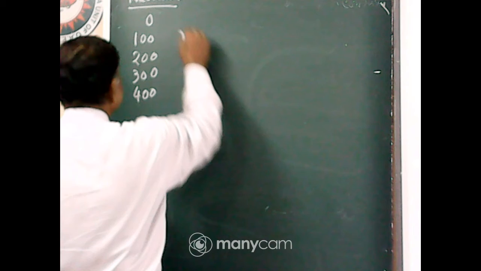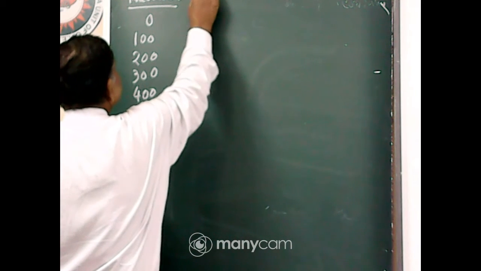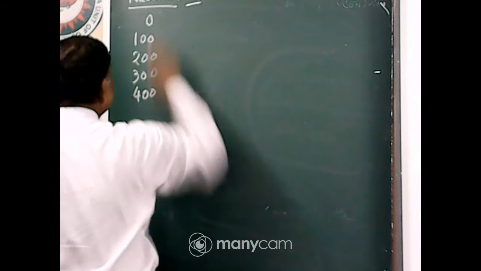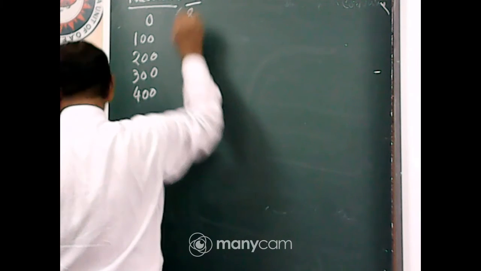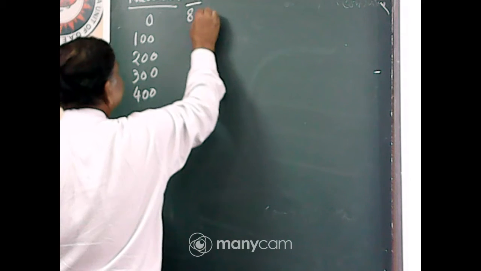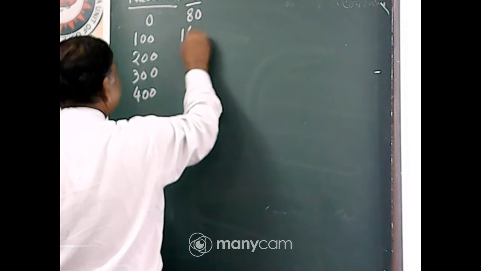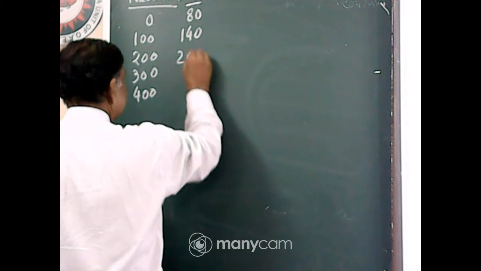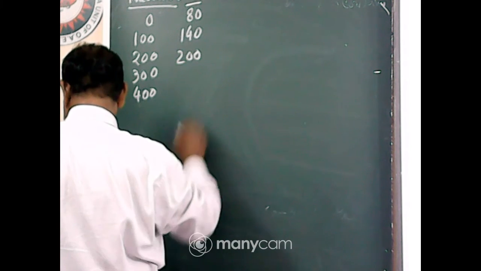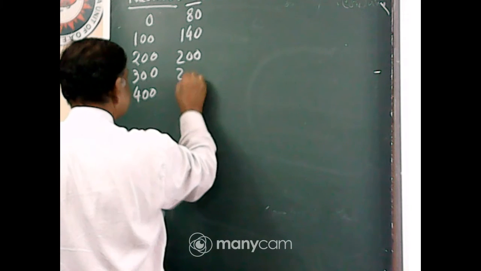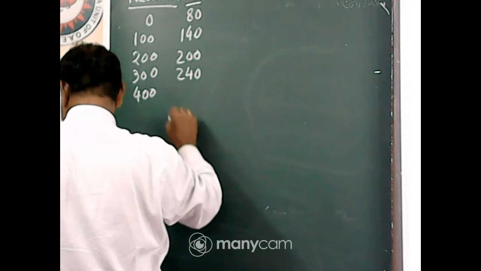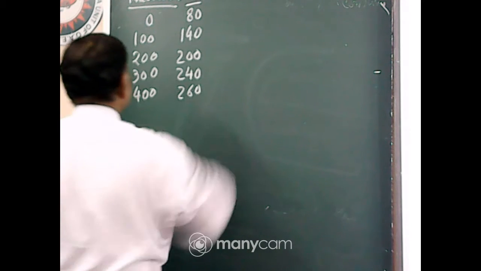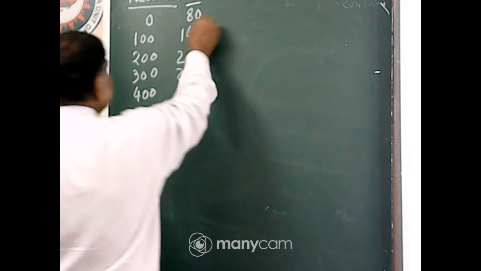And consumption expenditure, that is C. Now, though income is 0, your consumption is suppose 80, then 140, 200, 240, and then 260. So, your income is 0, but your consumption is 80.